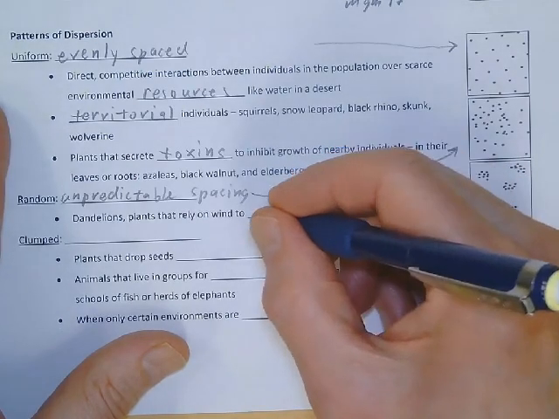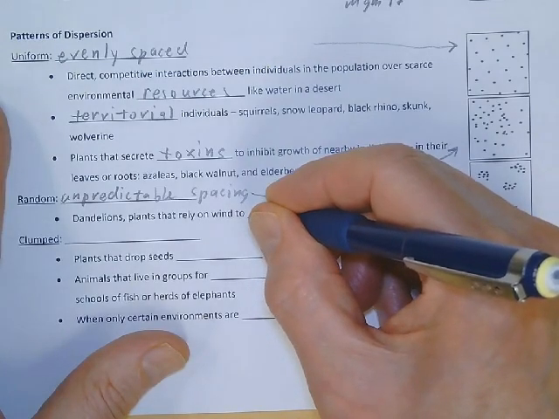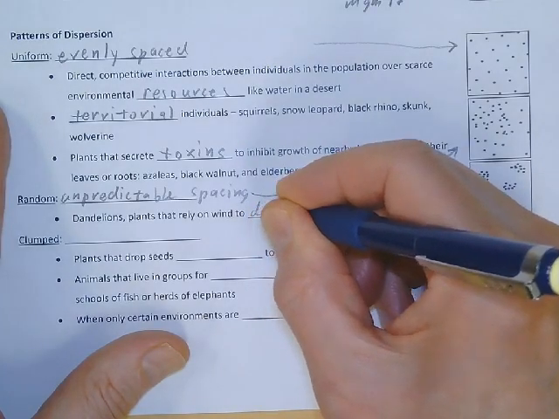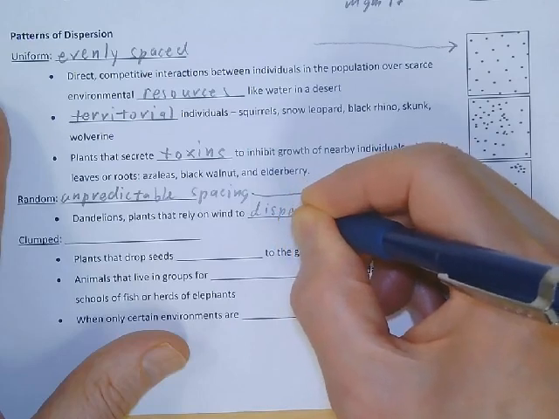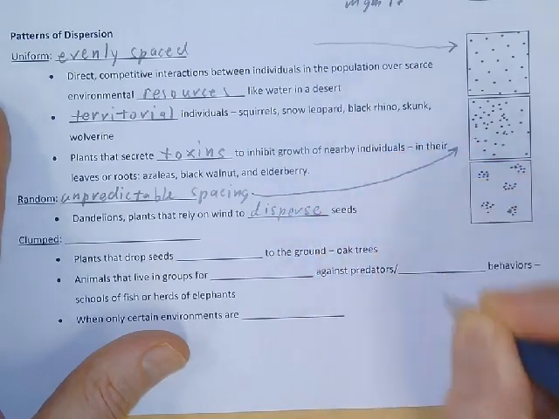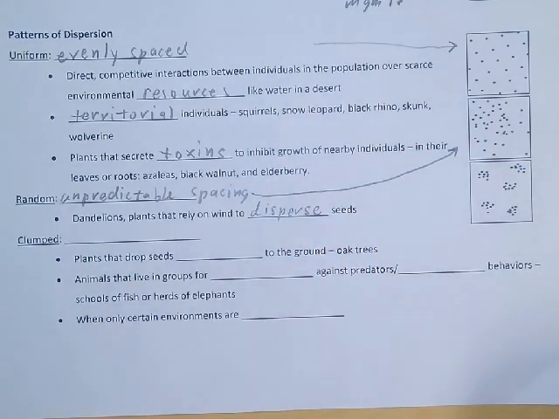So, for instance, dandelions or other kinds of plants that rely upon the wind to disperse their seeds. Or in the ocean, on water currents, where fish and other animals rely on water currents to disperse the eggs after they've been fertilized.